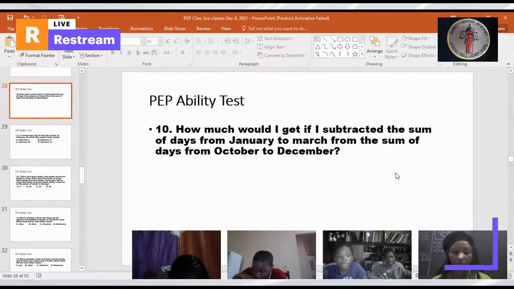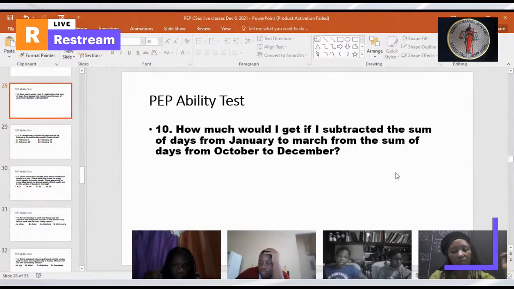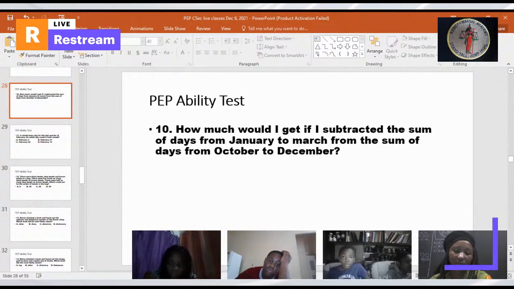How much would I get if I subtracted the sum of days from January to March from the sum of days from October to December?